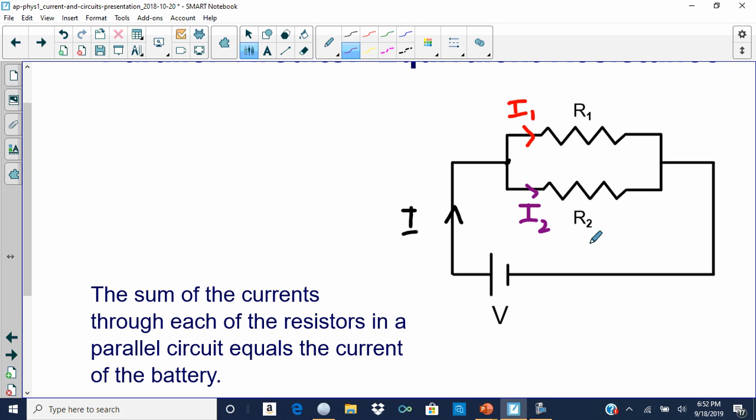And remember I said the sum of the currents through each of the resistors has to equal the total current. So when I get back over to this junction, I'm going to have I coming out. And that means that I is going to be equal to I1 plus I2. And you'll have to excuse my writing. I'm using a mouse.